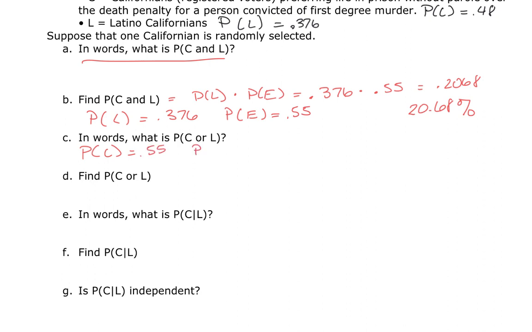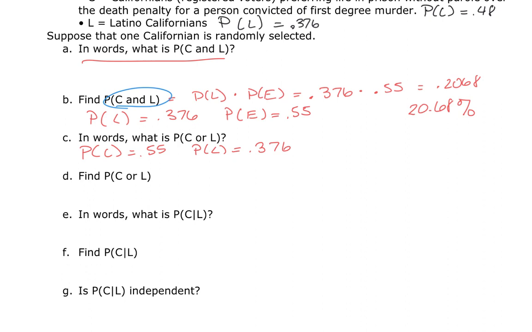The P of L was 37.6, or 0.376. Now, the overlap we just had was this here. This was the overlap.